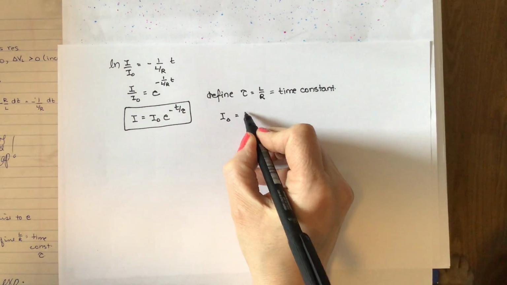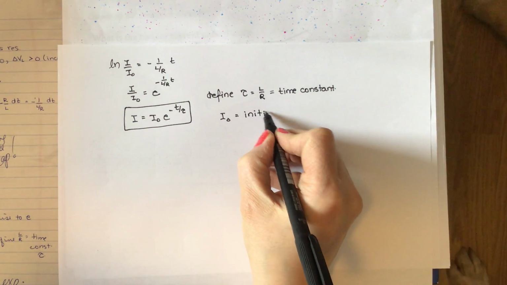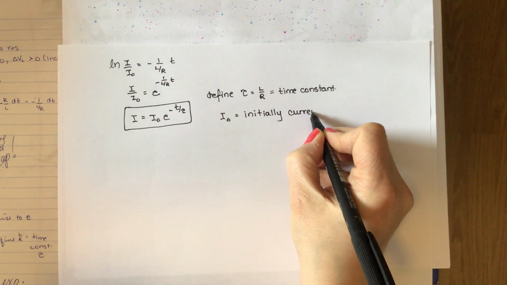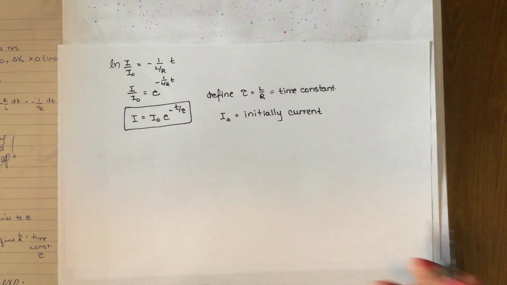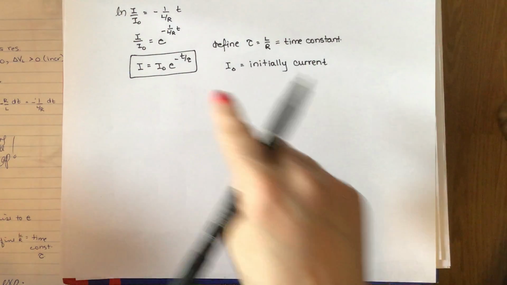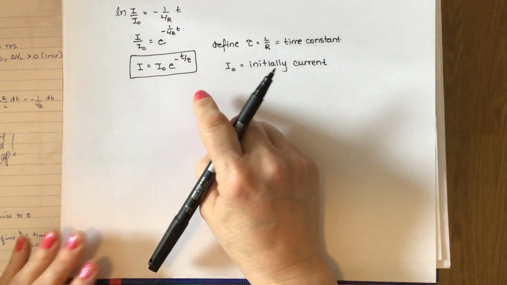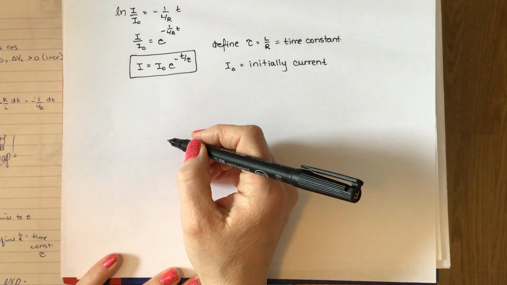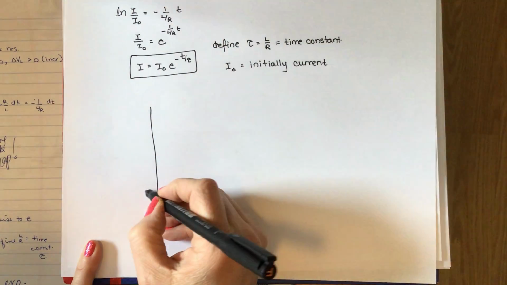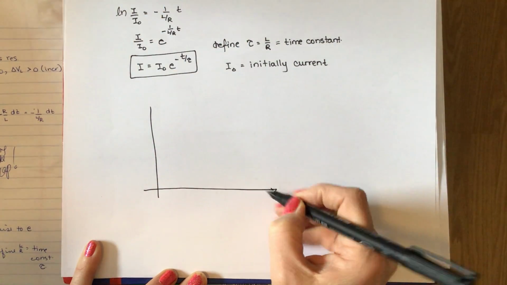So I0 is the initial current. So what does this tell us about the shape of the current? This tells us that the current is going to die off exponentially. We could make a graph of this current as a function of time. We did that when we did our charge and our capacitors.